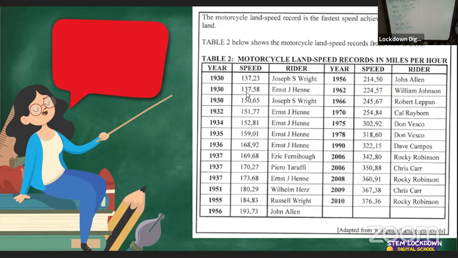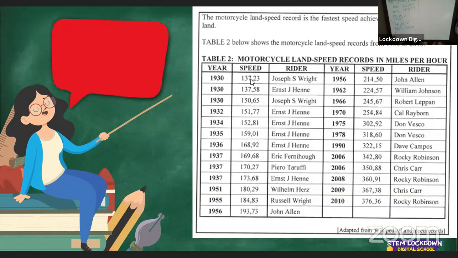You can use tallies. Okay, so I have the first one. As you can see, in 1930, a record of 150.65. As you can see, this is the highest since 1930. Okay, so we can say this is the first one.